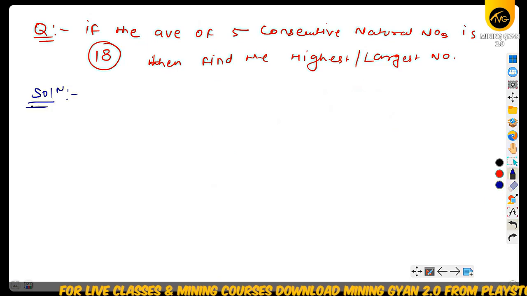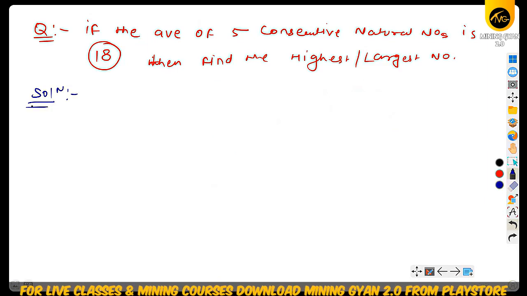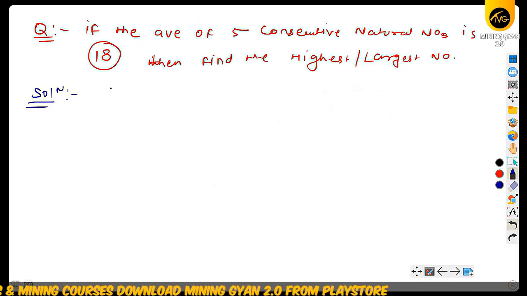So this is basically the formation of the question. What is the question? If the average of 5 consecutive numbers... in this case we do not have any number series. We just have to assume what the 5 consecutive numbers will be.